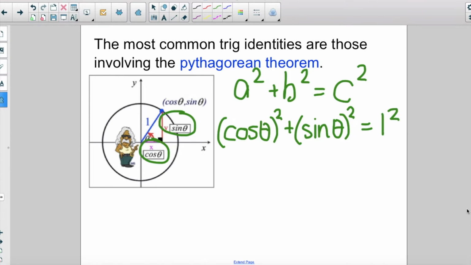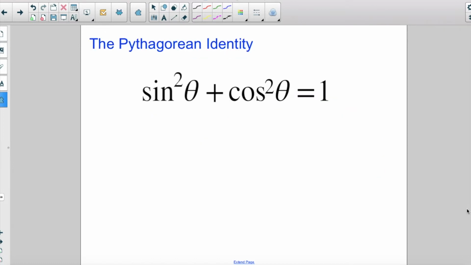Now you can see the identity written like this, or you might see it like this. Cosine squared theta plus sine squared theta equals 1. And that is our identity. So this is super important.